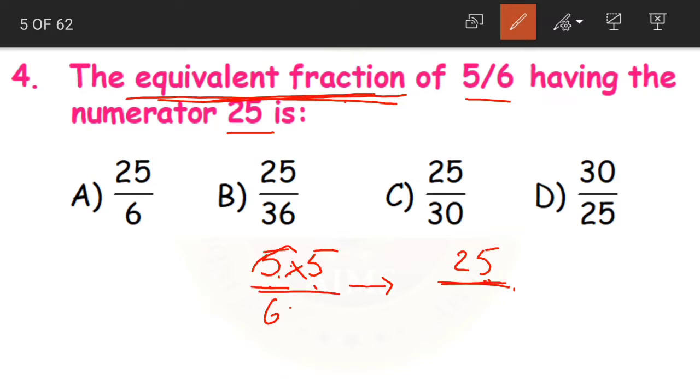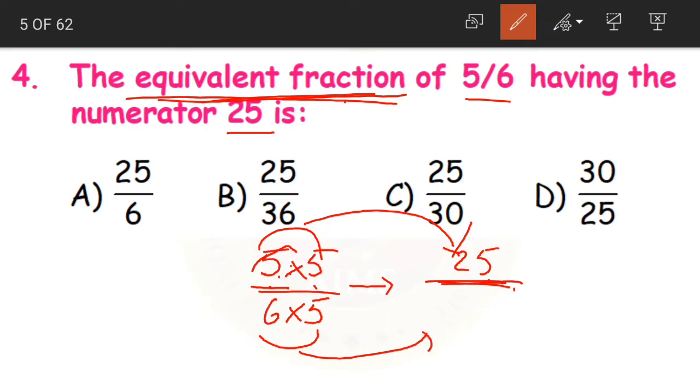Yes or no? So that means we need to multiply both numerator and denominator by 5, children. Here in the numerator we have 5 5s are 25 divided by our denominator 6 5s are 30.